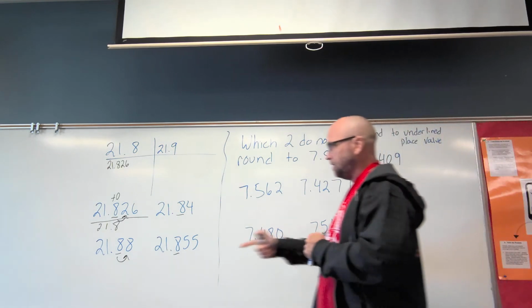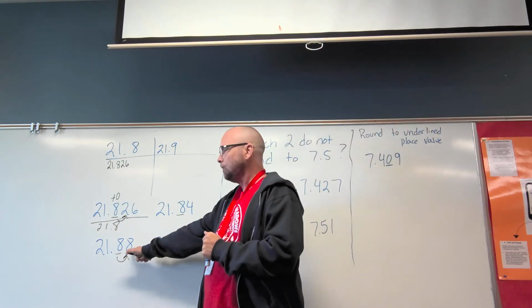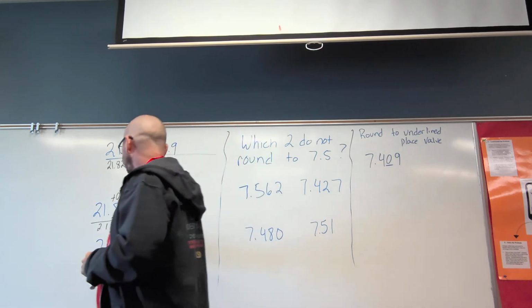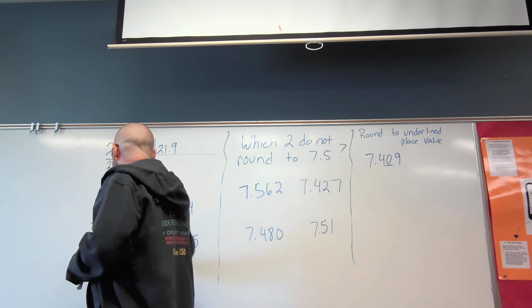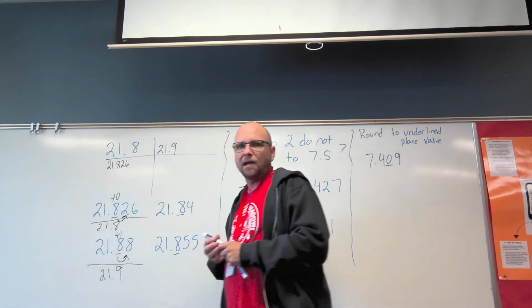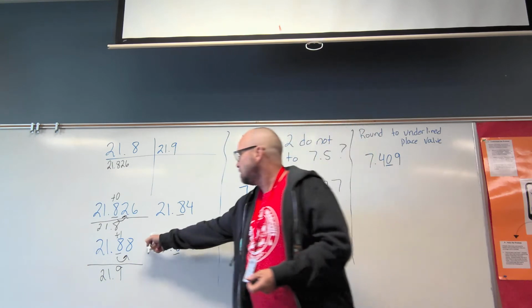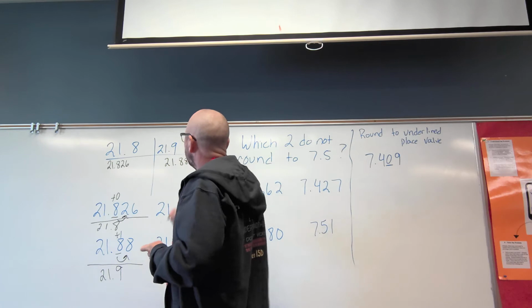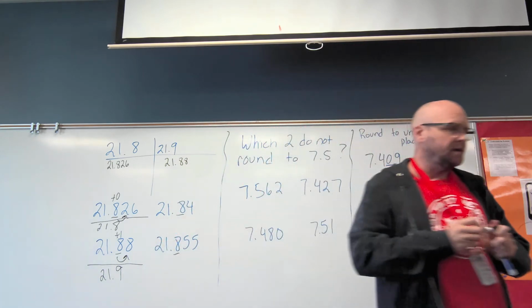The number behind it is an 8. So we need to add 1 to our tenths. And then that's a 9, and we have 21 and 9/10. So this number, 21 and 88 hundredths, rounds to 21 and 9/10.